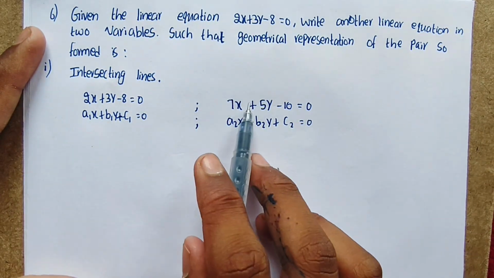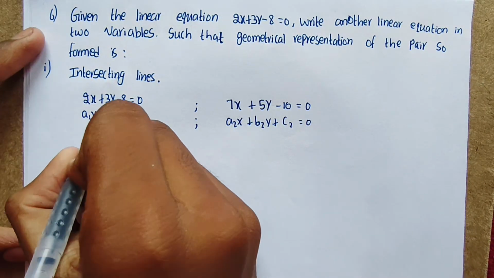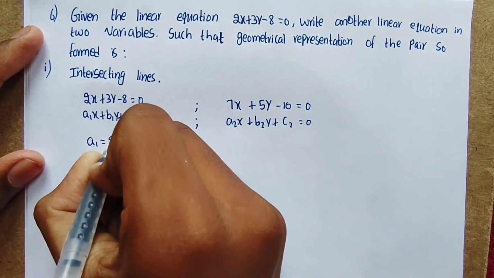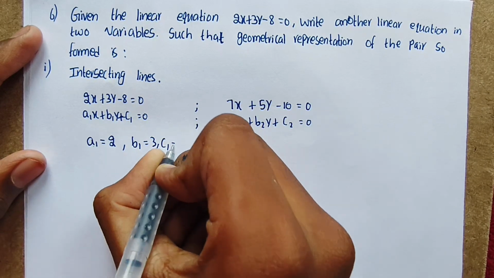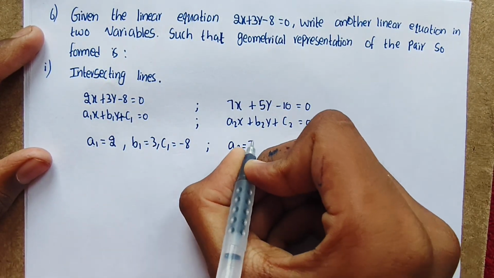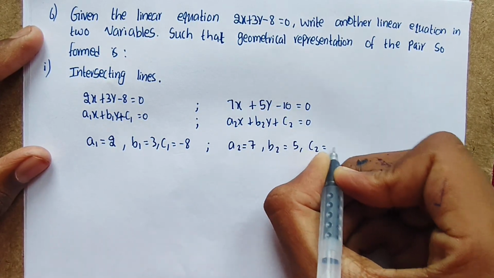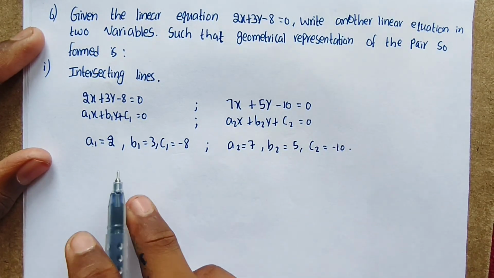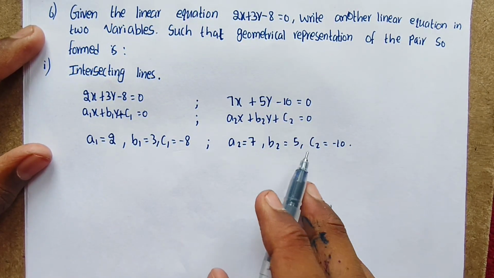These are the two linear equations I take. So the value of a1 is 2, b1 is 3, c1 is minus 8. And a2 is 7, b2 is 5, c2 is minus 10.